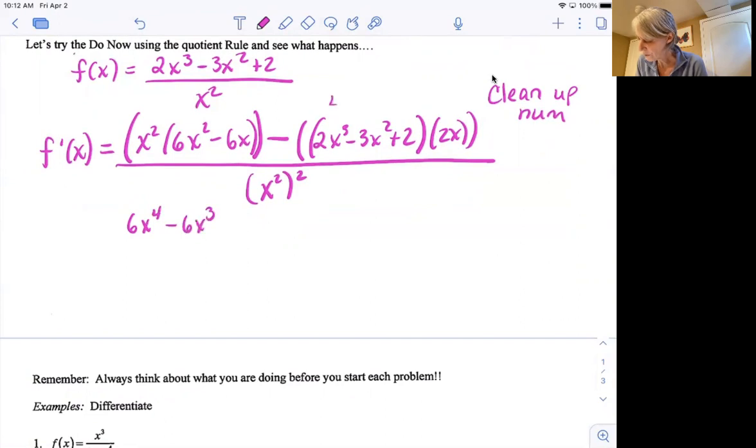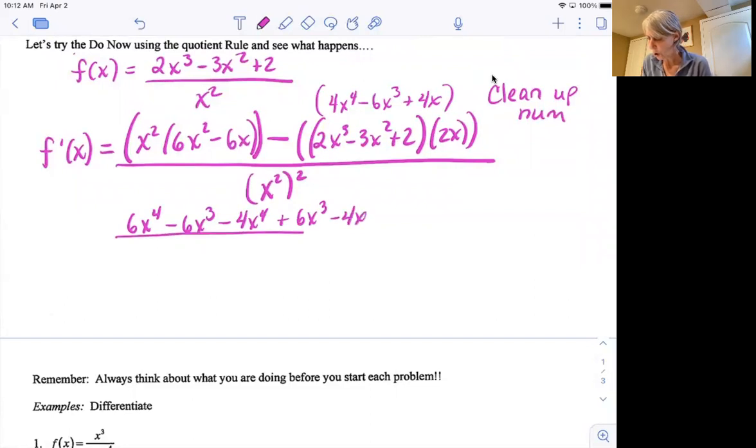Now here I would have 4x to the fourth minus 6x cubed plus 4x. But remember, I've got that negative out front. Minus 4x to the fourth plus 6x cubed minus 4x all over x to the fourth.